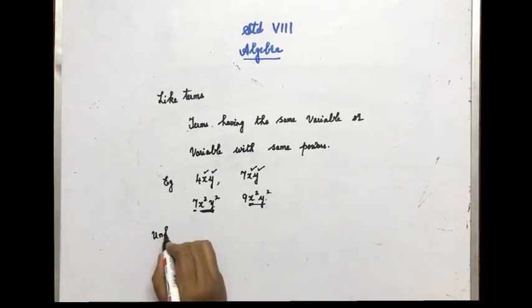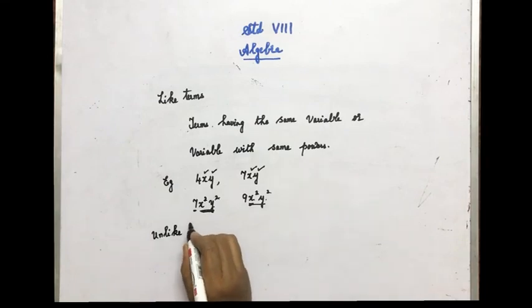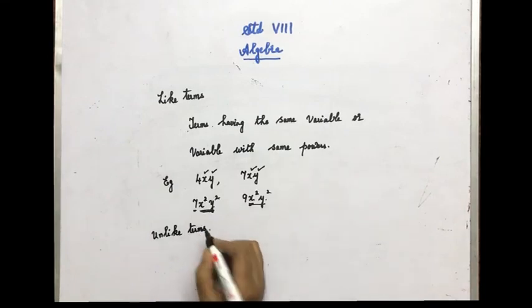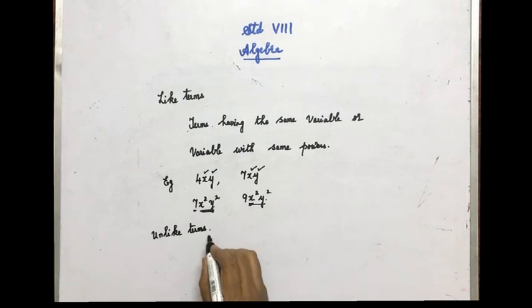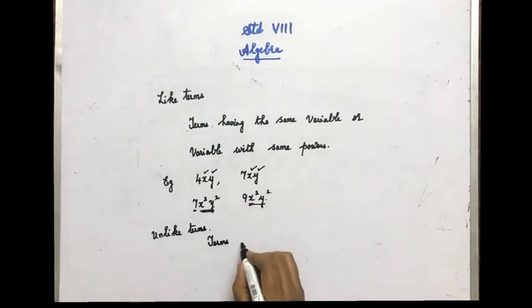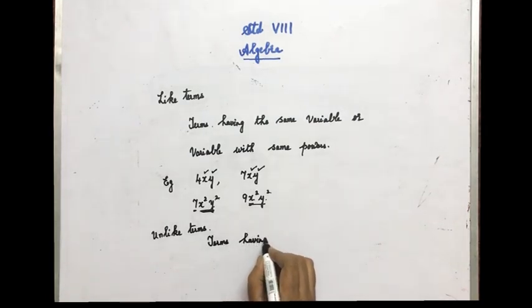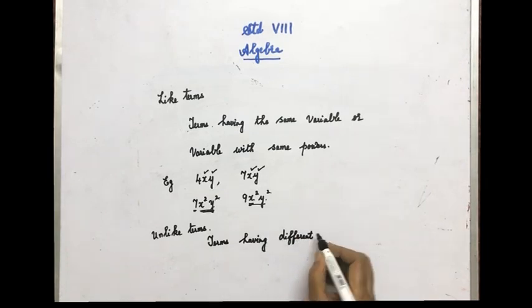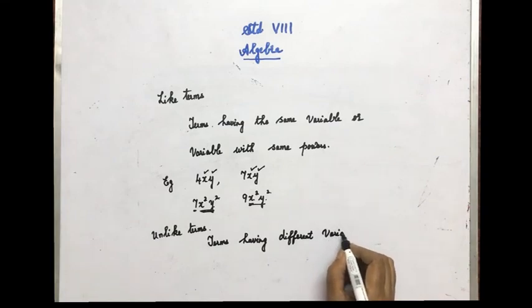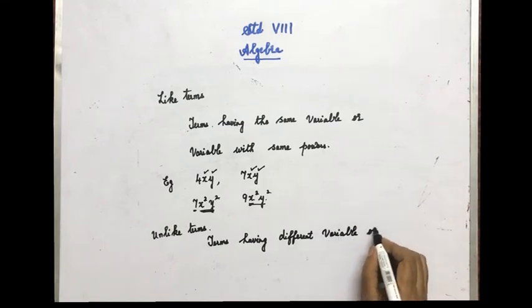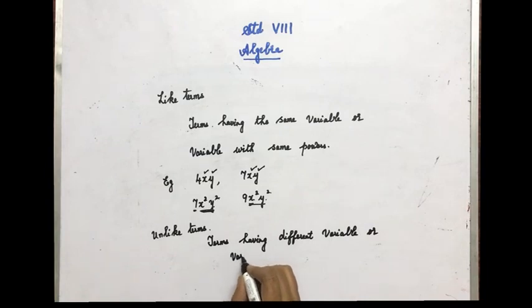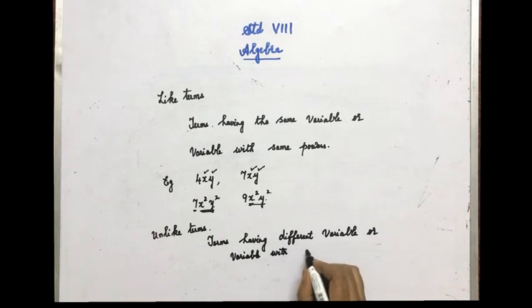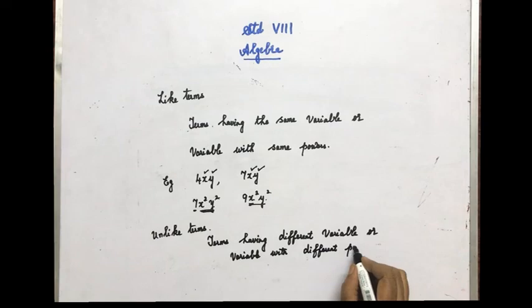Next we are going to see unlike terms. So terms having different variables or variables with different powers are unlike terms.